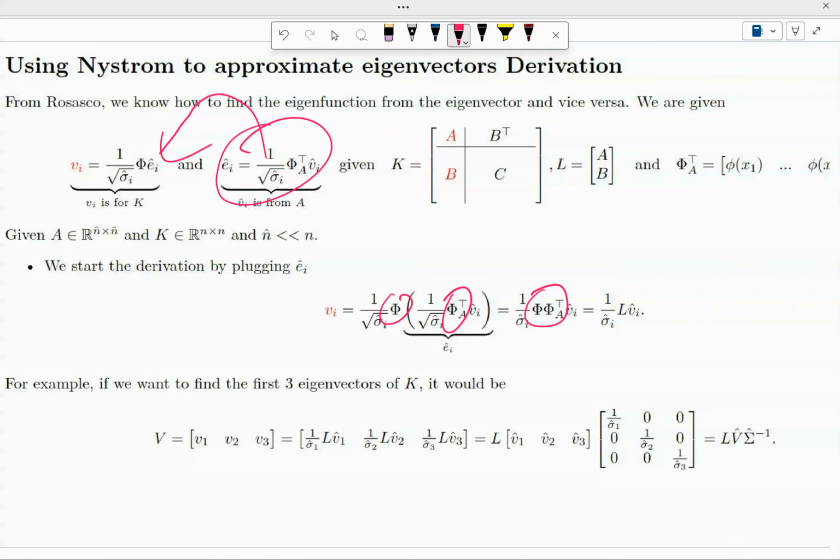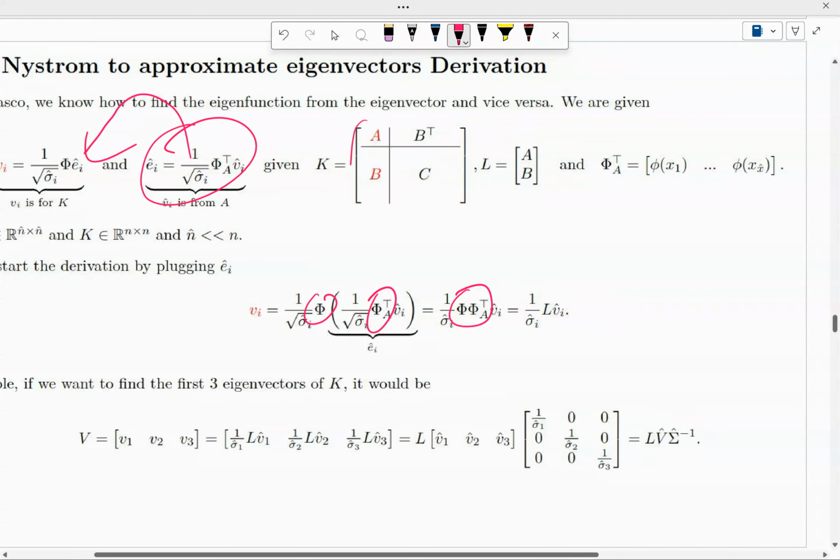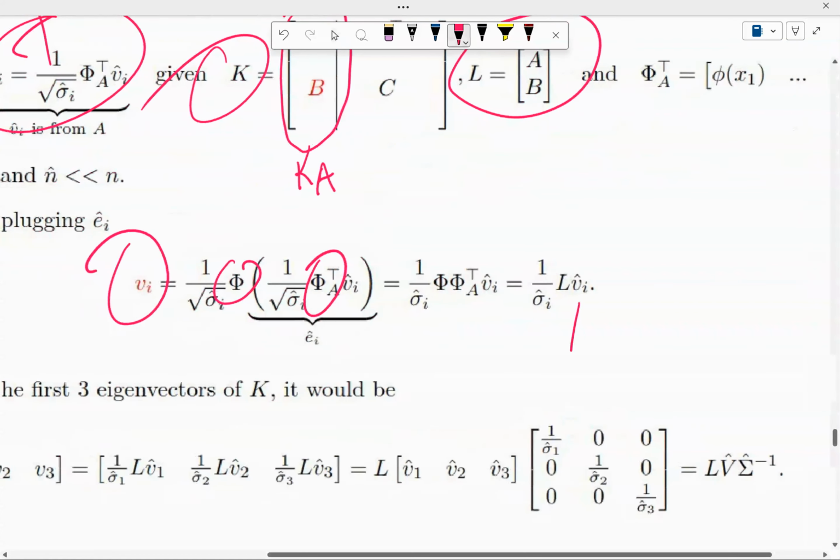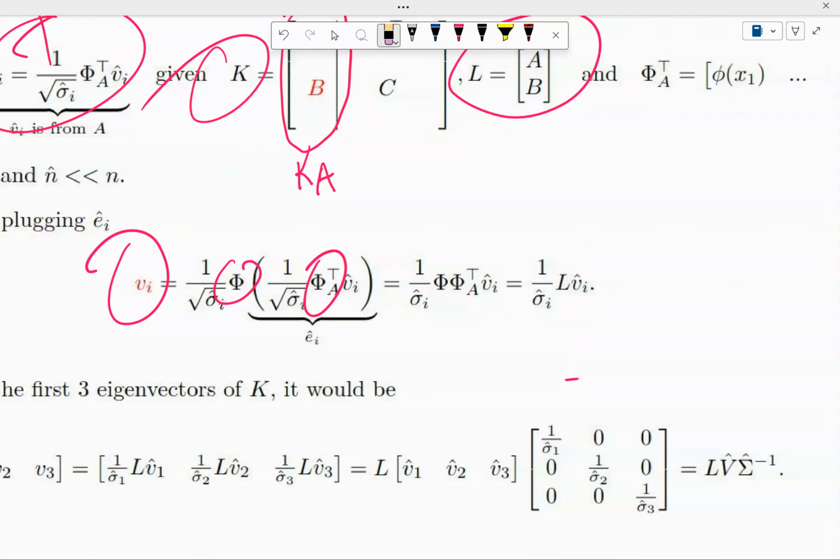We saw already what this means. This was this portion, which we call K A, which the traditional Nystrom literature calls L. Therefore this right here is just L, and you can approximate the eigenvectors of the entire matrix K simply by multiplying the eigenvectors of A by L divided by sigma, and voila, you have it.